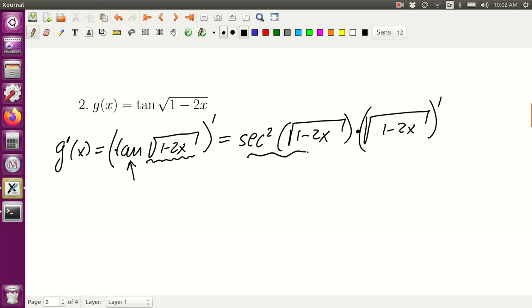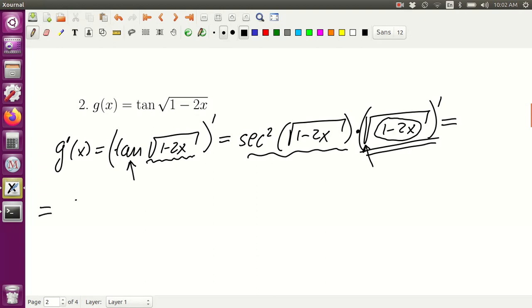There is no prime inside of the secant. This is the only expression with the prime. And if we were to plug in x, we would multiply it by 2, subtract it from 1, and then take a square root. So taking the square root is the last thing we do, therefore this is an outside function, and 1 minus 2x is the inside function.